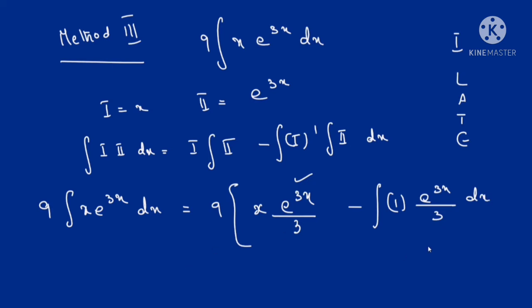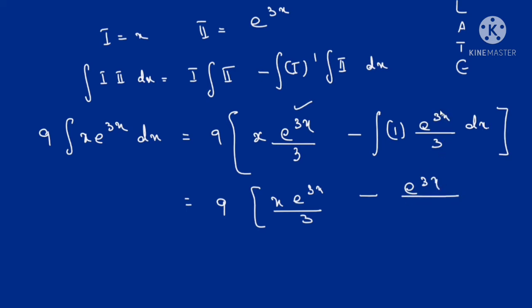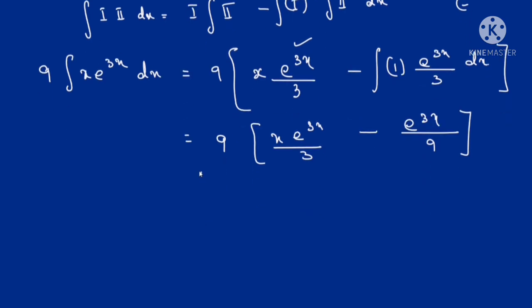So the final answer is 9 x e power 3x by 3 minus, integrate this. So you'll get e power 3x by, already one 3 is there, this 3 will give you 9. So same thing. So 9 e power 3x by 3, take it out.